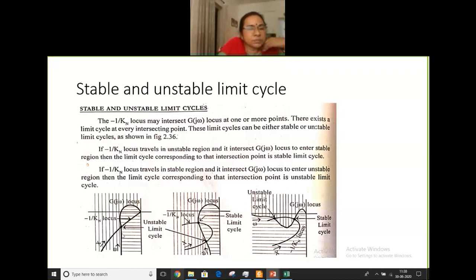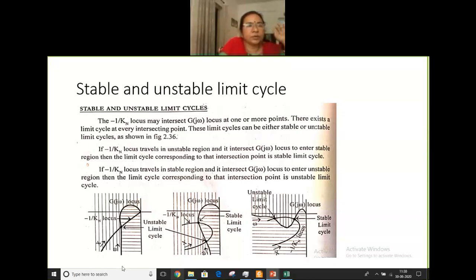So up to this much portion it is enclosed, so it is an unstable condition. That is clear. Since this portion of the g omega locus is lying on the left hand side, this much portion is not enclosed, so this much portion of the g omega locus is stable and this much portion is unstable.